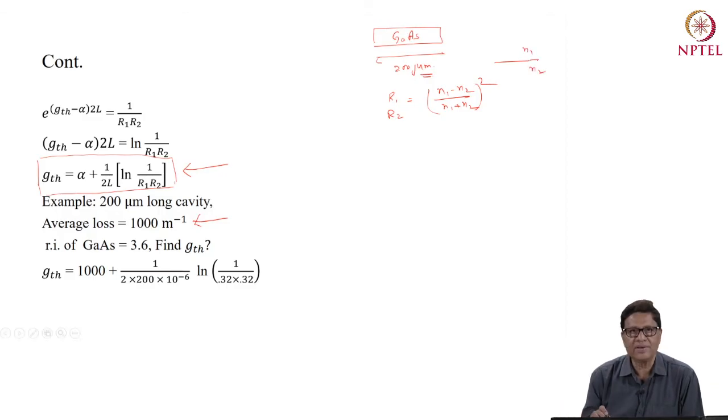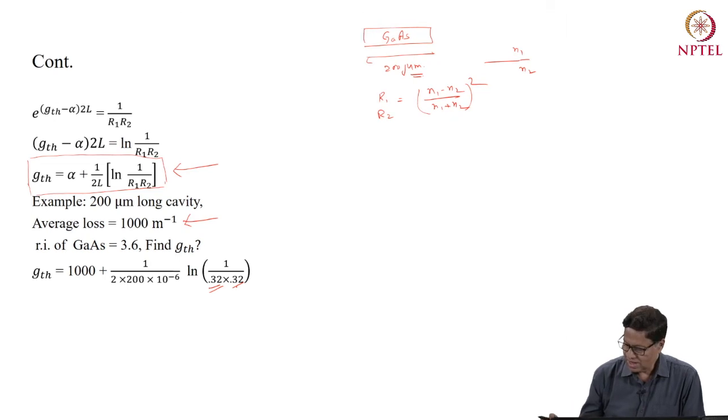By putting in some typical values of R1 and R2, I get g_th as 6697.17 per meter. So this is the value for the g_th.